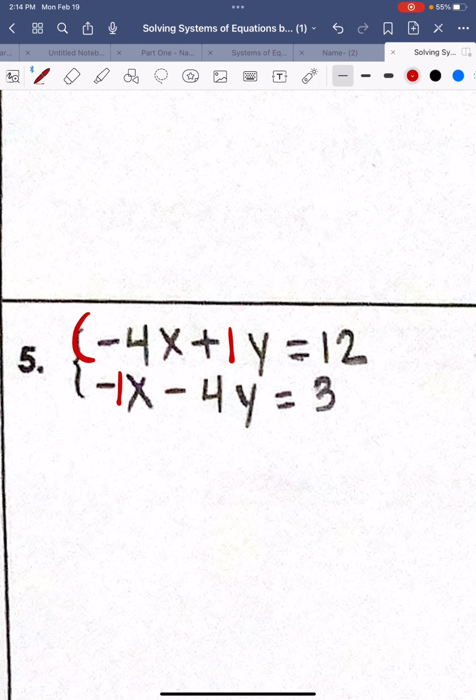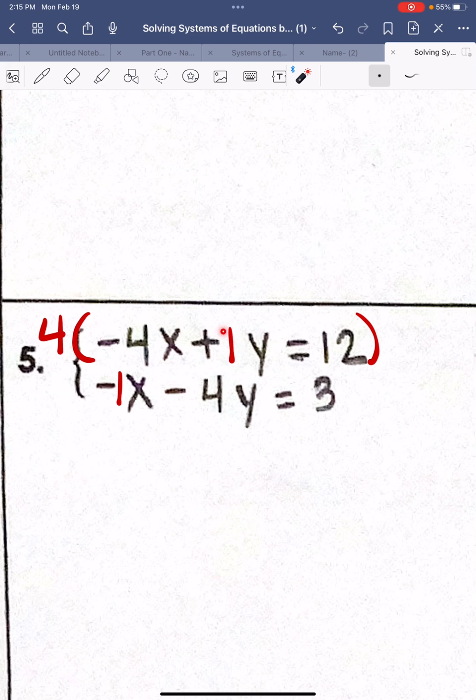So what I'm going to do is I'm going to put this entire top equation, all of it, in parentheses. Notice that I'm putting the entire thing in parentheses here, not just the first part of the equation, all of it. If I multiply by a positive number, I'm not going to change any of my signs. And that's kind of what I want because I notice that I already have opposite signs. I want to keep them that way.